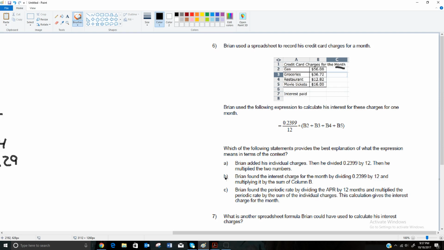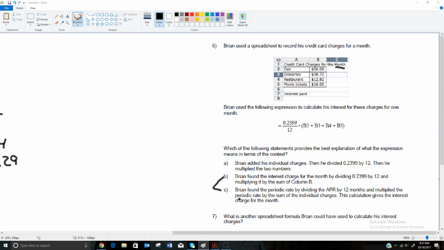So I would like to see some sort of combination between A and C. I think A and B are really both okay, but I like the numbers. So maybe Brian found the periodic rate by dividing the APR of 0.2399 by 12 months and multiplied the periodic rate by the sum of the individual charges. Might have been a little bit more accurate.